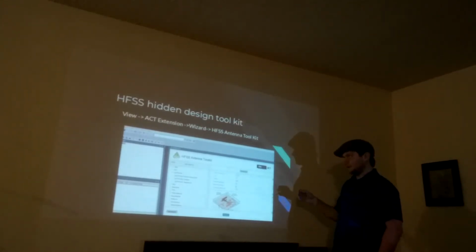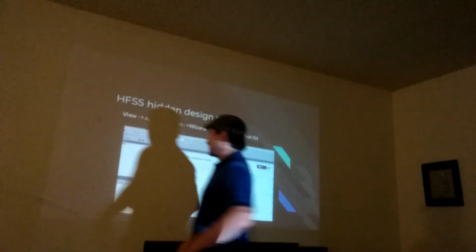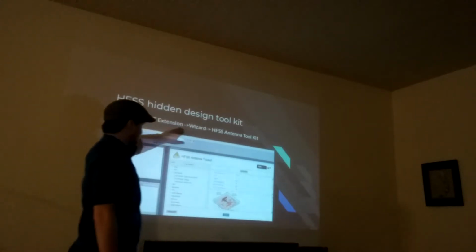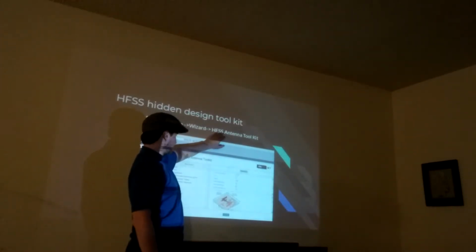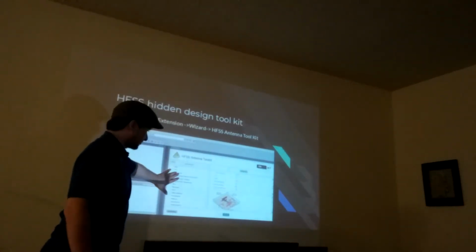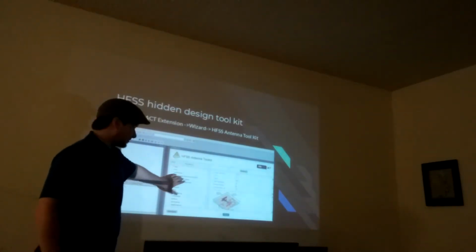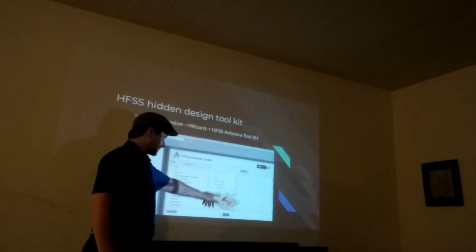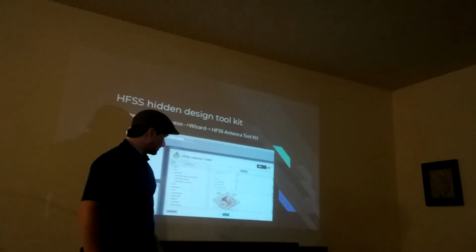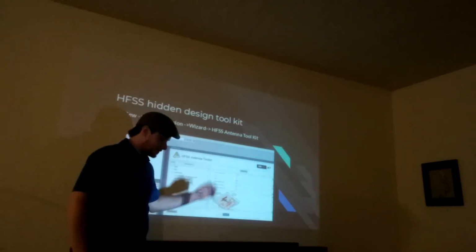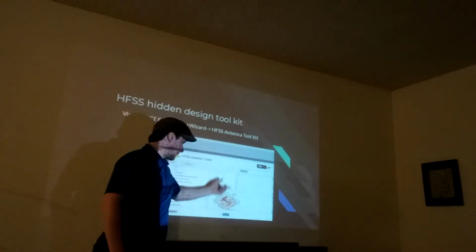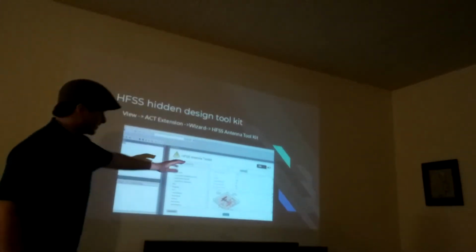So I found that if you go to View, ACT Extensions, Wizard, and then click HFSS Antenna Toolkit, that would pop up with almost the exact same thing, where you can edit the type of substrate you're using, your parameters, and you could edit the thickness, height, pretty much everything you needed, and then synthesize and generate the antenna.